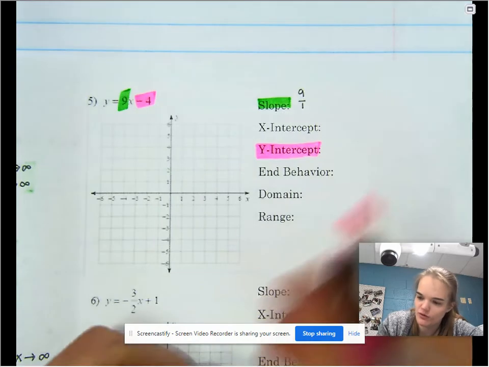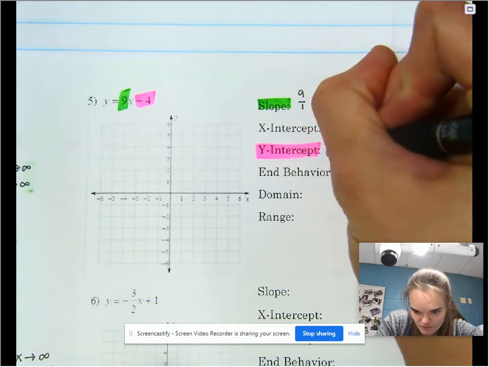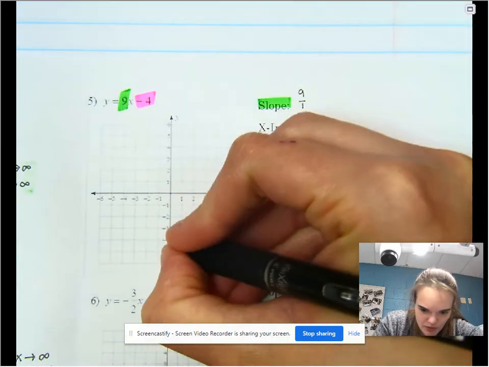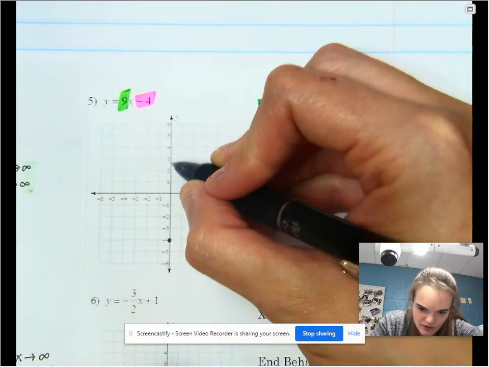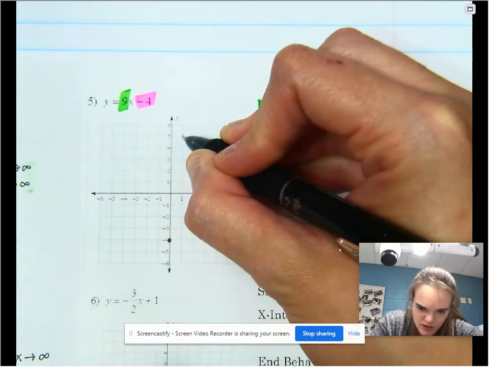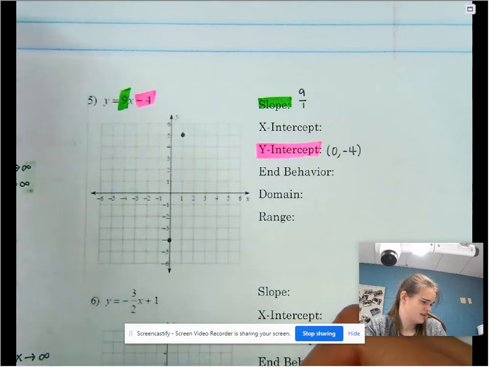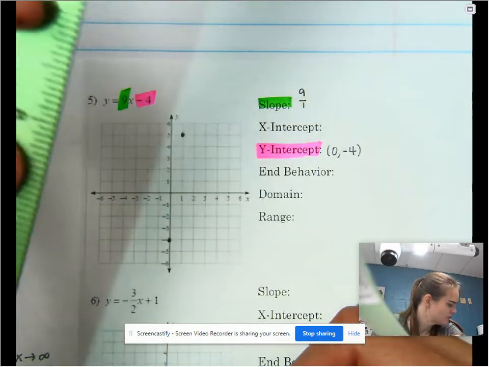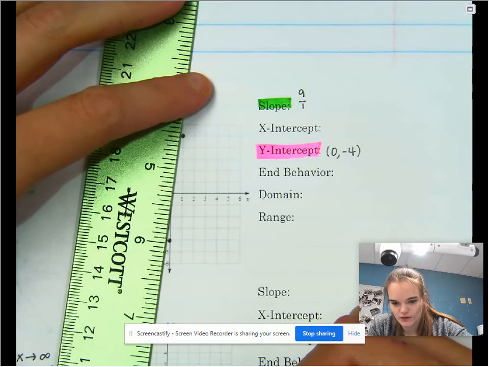Remember, we write it as 0, -4. Put a point on -4, go up 9. 1, 2, 3, 4, 5, 6, 7, 8, 9 over 1. We're definitely going to have a problem with our x-intercept there.